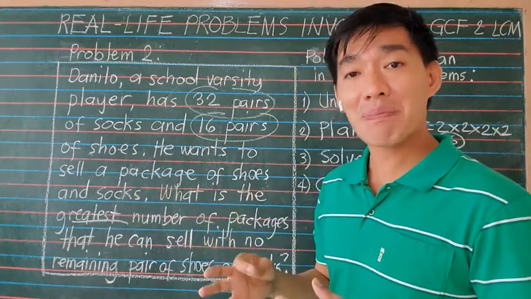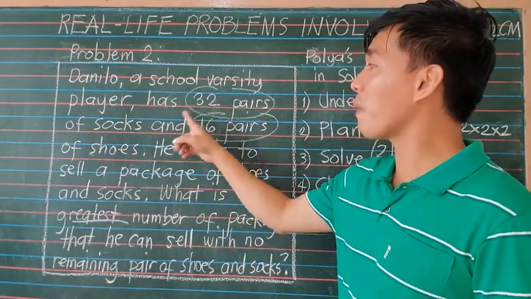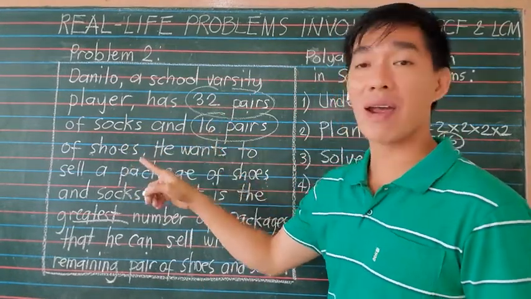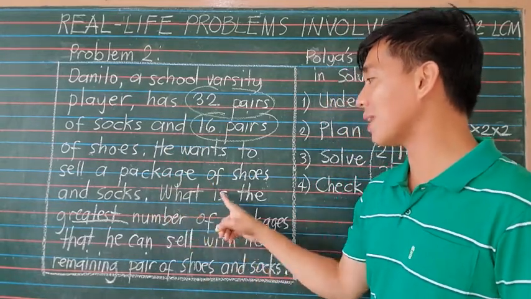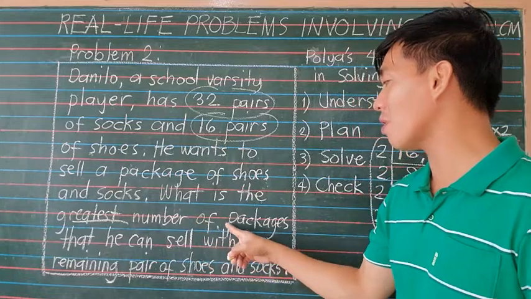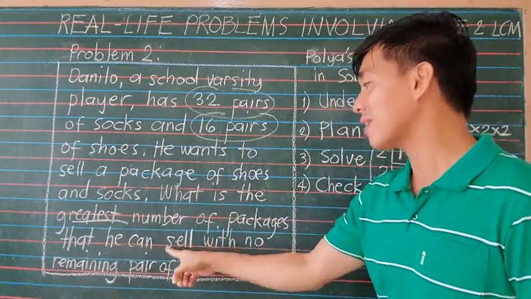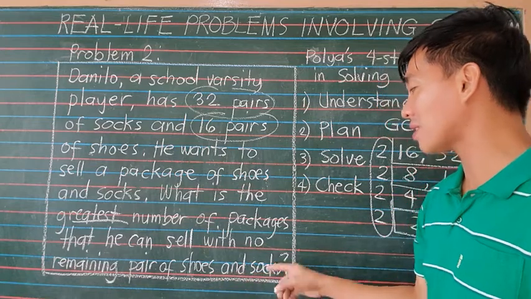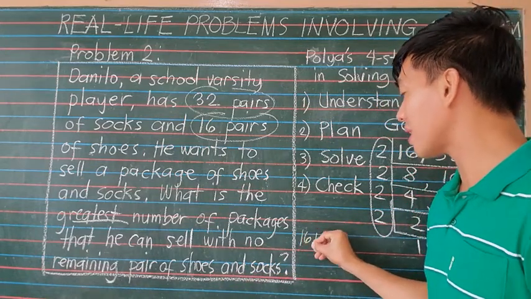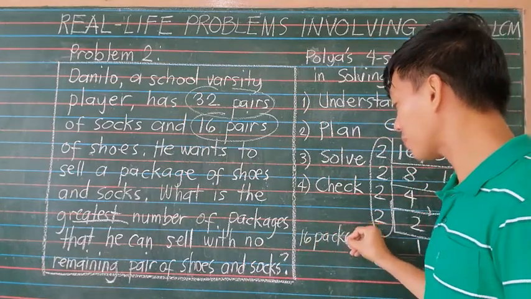So 16 packages with 2 pairs of socks and 1 pair of shoes. So that's the answer for our problem. What is the greatest number of packages that he can sell with no remaining pair of shoes and socks? So the answer is 16 packages.